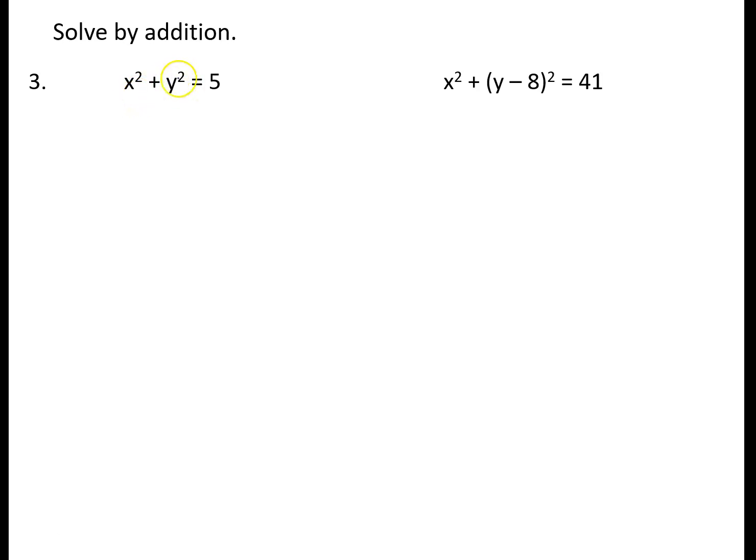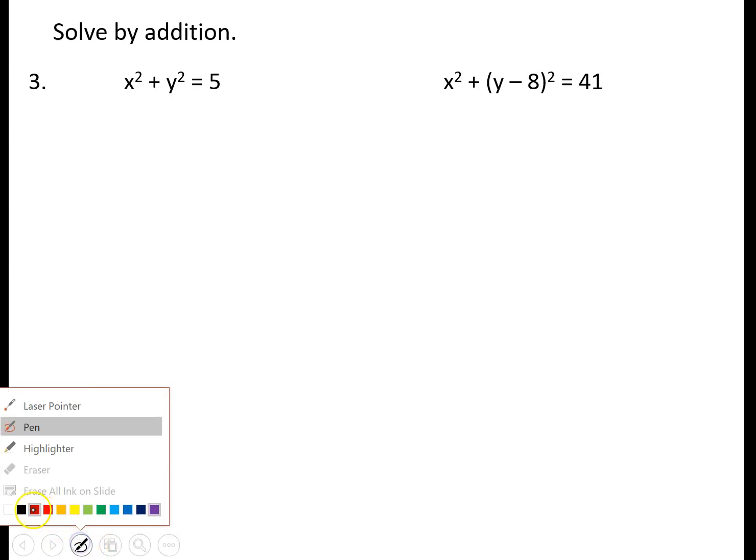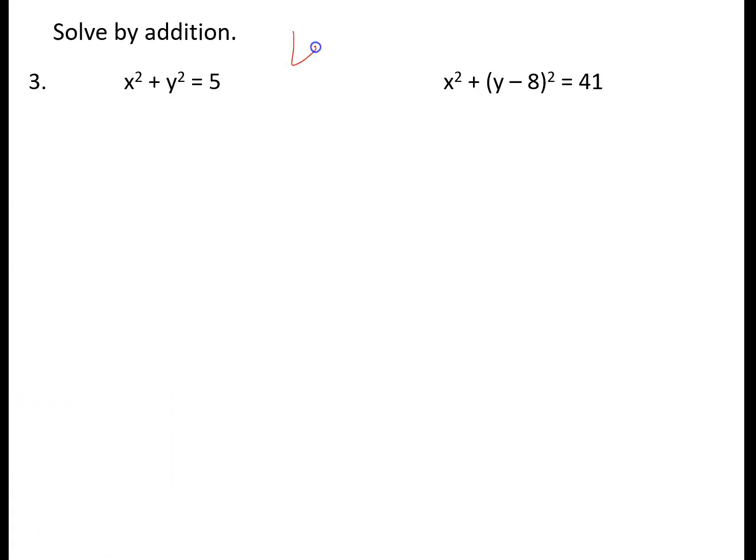If we chose the y, it would be very difficult because of the y minus 8 there. If it were just a plain old y squared, then y would be fine. But when it's got that expression with y squared, you don't really want to choose that one. So we are going to choose to eliminate x. We're going to eliminate x.